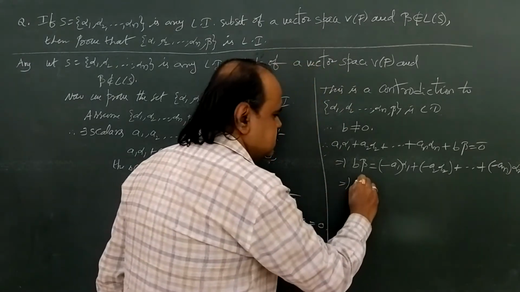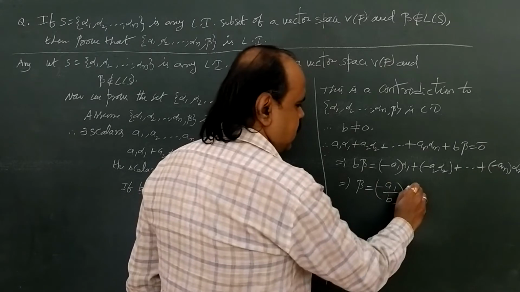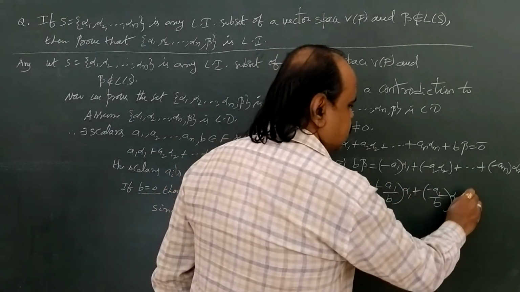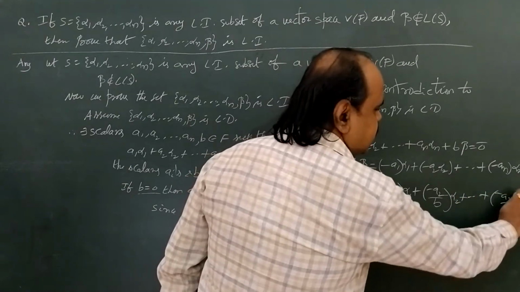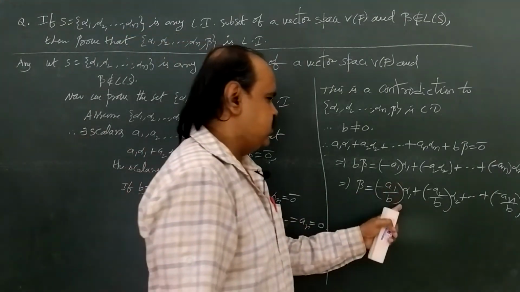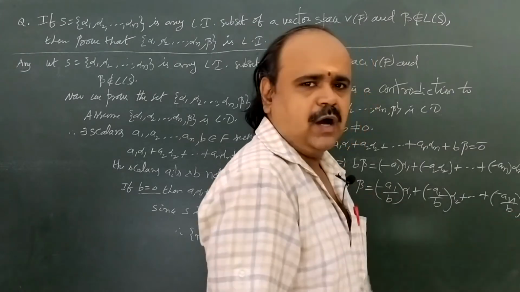So from this, beta equals minus A1 by B into alpha 1 plus minus A2 by B into alpha 2 plus and so on plus minus An by B into alpha n.